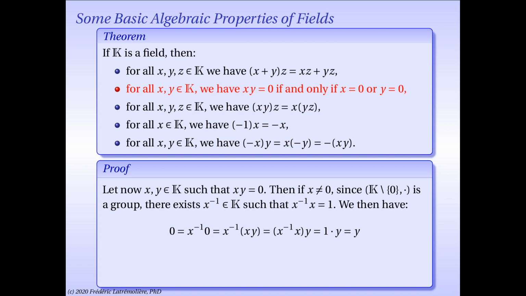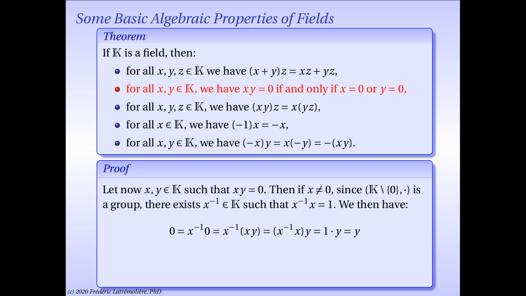I just proved that the multiplication is associative on all of K. So I move the parenthesis. But then I recognize that I have x inverse times x, which is equal to 1. And 1 times y is simply y. So if you look at this string of equalities, I have indeed proven that 0 is equal to y. If x is not 0, y must be 0 for the product to be 0. This actually proves completely the second bullet point here.